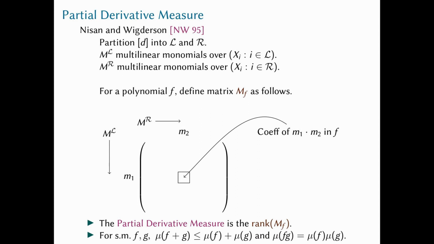The first property: this measure is subadditive. It means that the measure of f plus g is always at most the measure of f plus the measure of g. That is just the fact that the rank is subadditive. But what is also interesting is that, in the case where the polynomials are set multilinear, as in our case, this measure is also multiplicative: mu of fg equals mu of f times mu of g.